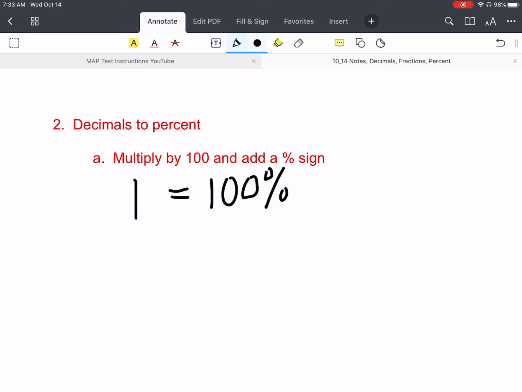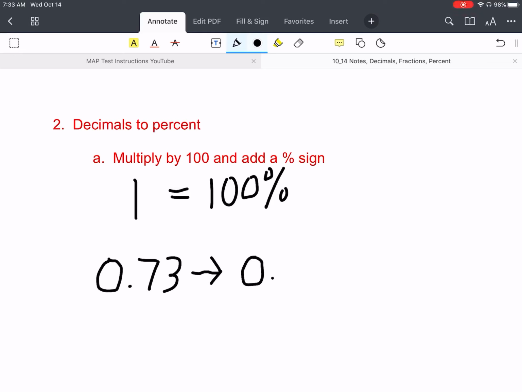So if we have a decimal, let's go with 73 hundredths. To get that to a percentage, we need to multiply by 100. And what you can do is you can move the decimal point 2 spots to the right.